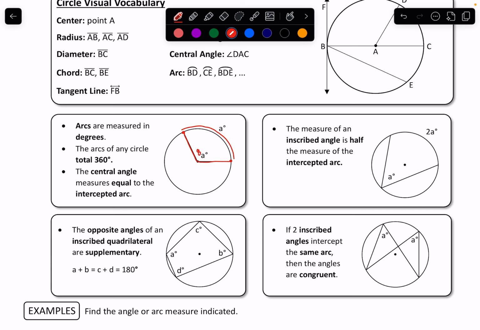So if this is an 80, no, that's bigger than 80 degrees, isn't it? If this is a 100-degree angle, then this arc would be a 100-degree arc. That's how we would label those parts. So the measurement of the arc matches the central angle, all right?